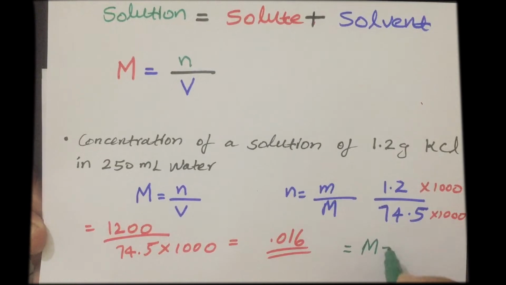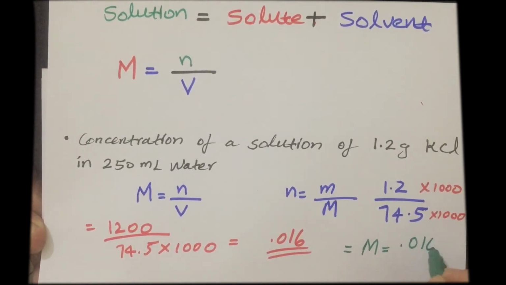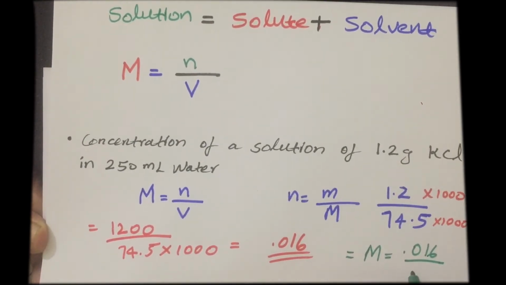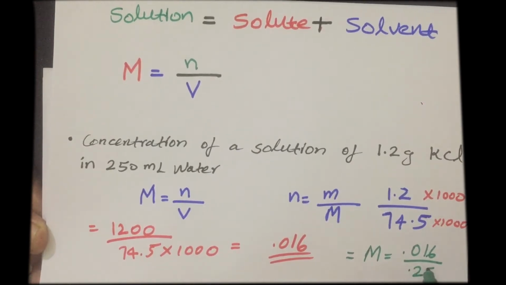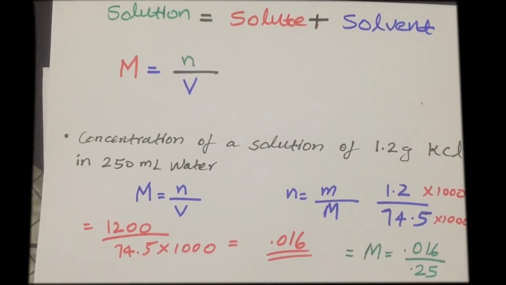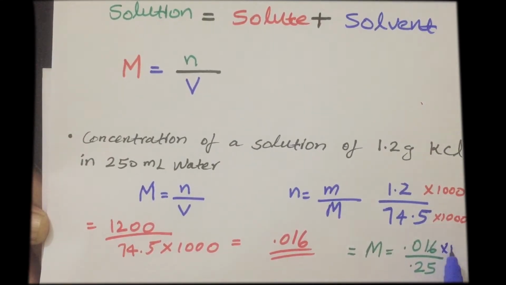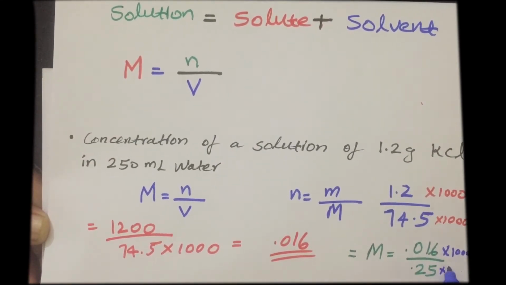So molarity becomes 0.016 divided by 0.25. Here again multiply both numerator and denominator by 1000.